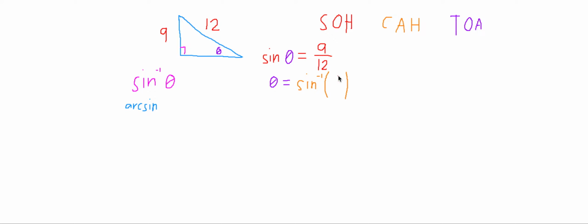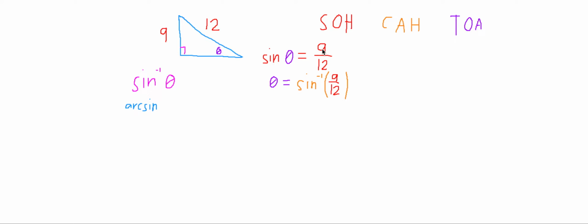And then you have 9/12. Now, you may be asking, can you simplify what's going on inside, the opposite over the hypotenuse?